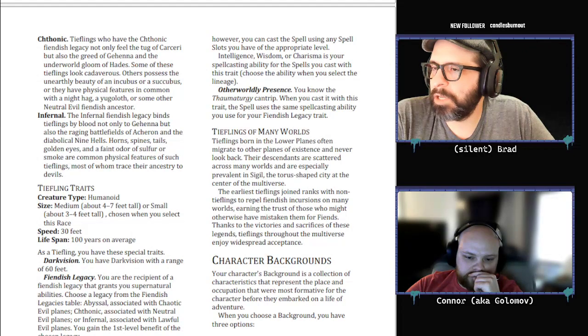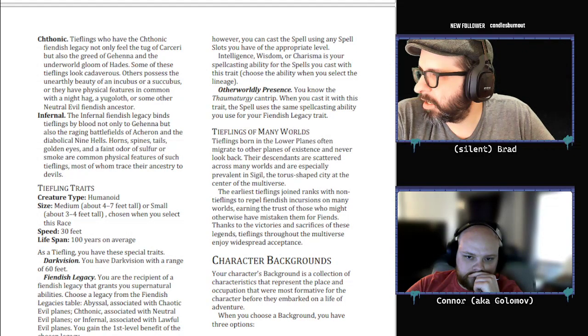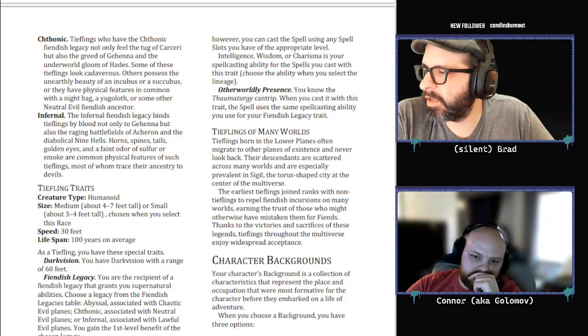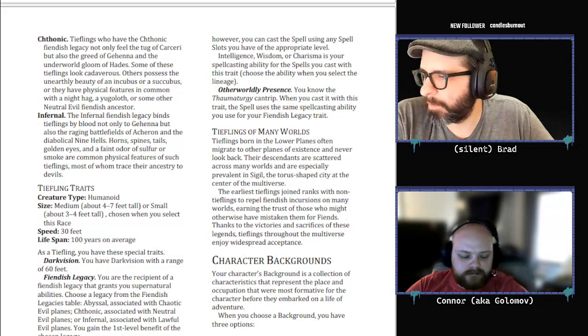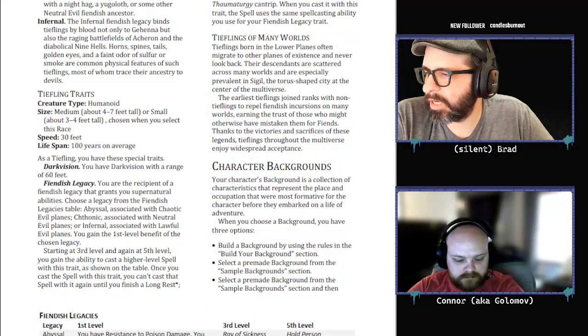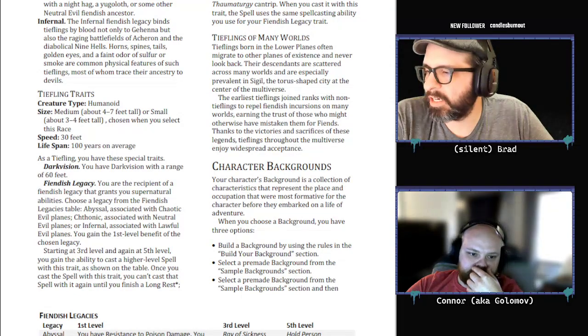And Otherworldly Presence, which is Thaumaturgy, which was actually part of their infernal legacy before. So now they get a different cantrip.